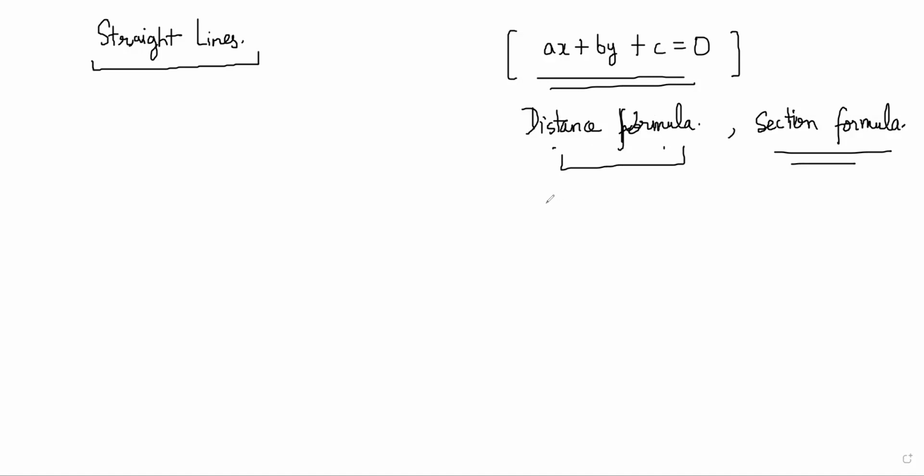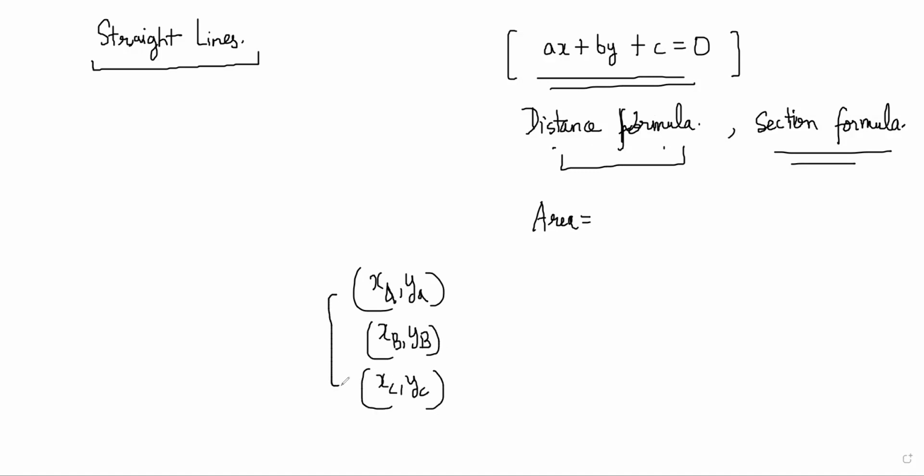We also have a formula for the area of a triangle. If the 3 points are (xa, ya), (xb, yb), and (xc, yc), these are 3 points in the xy plane. The area of the triangle using these 3 points will be given by this determinant: rows 1 xa ya, 1 xb yb, 1 xc yc.